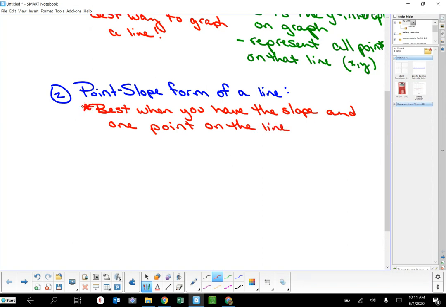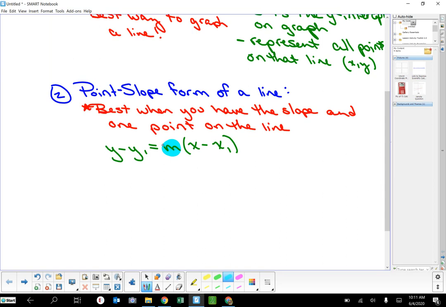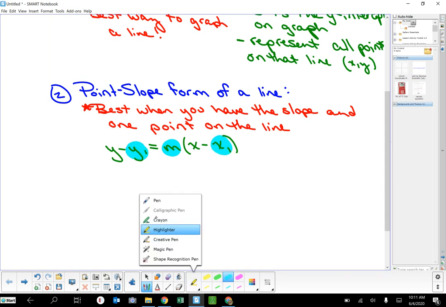Okay, this is the best time to use this. And this is what it looks like. The formula is y minus y sub 1 equals m times the quantity x minus x sub 1. And you will fill in these pieces, the m, and then the x1 and the y1 is the given point.